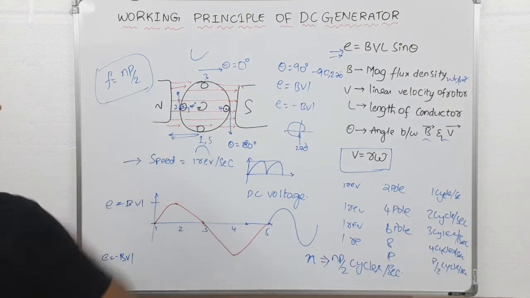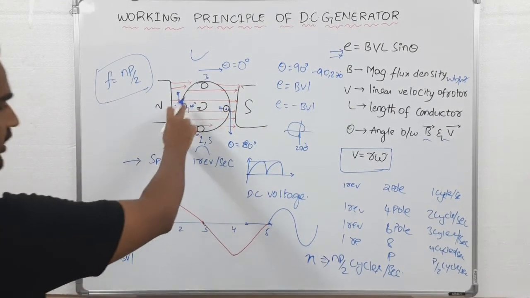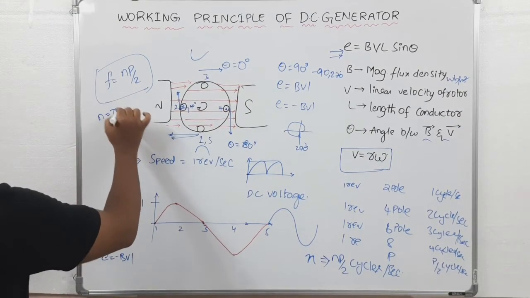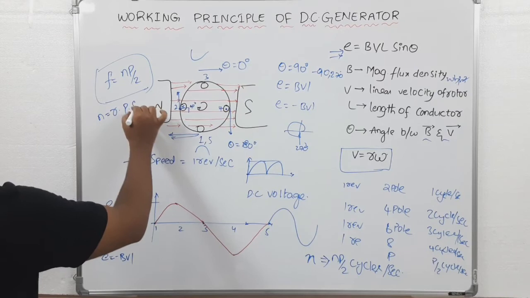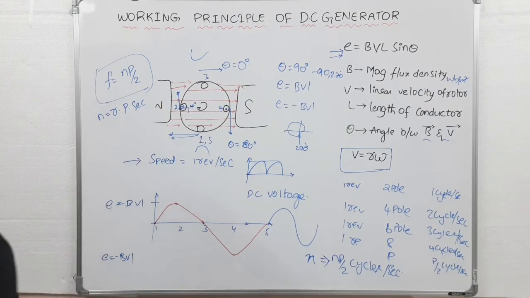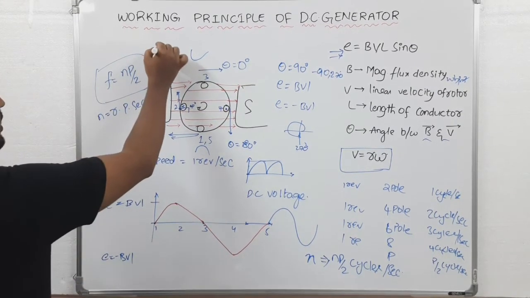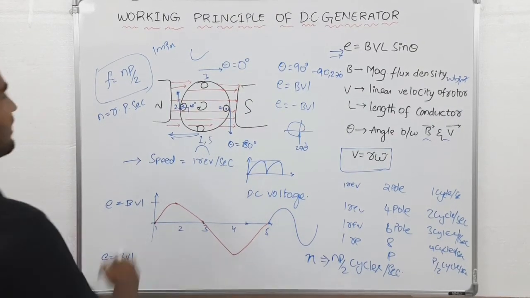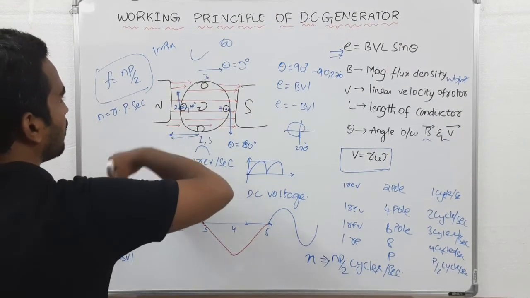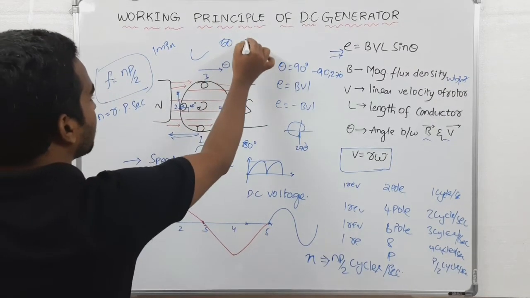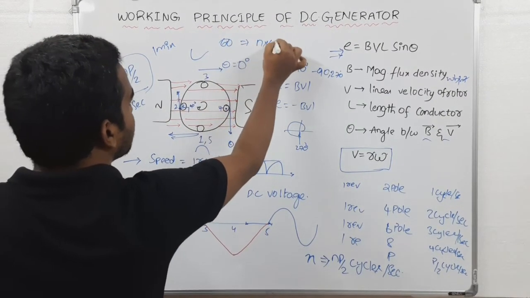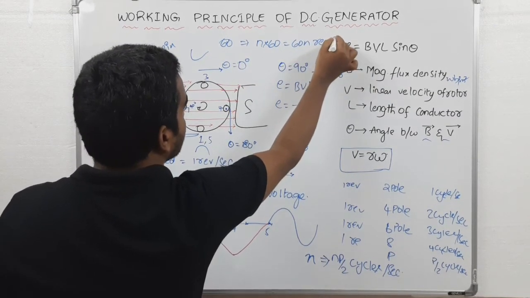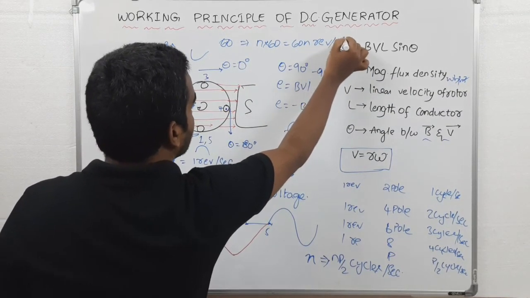So this n is number of revolutions per second. So if we consider 1 minute time, how many seconds are there in 1 minute? 60 seconds. So how many revolutions will it make? n into 60, there will be 60 n revolutions per minute.